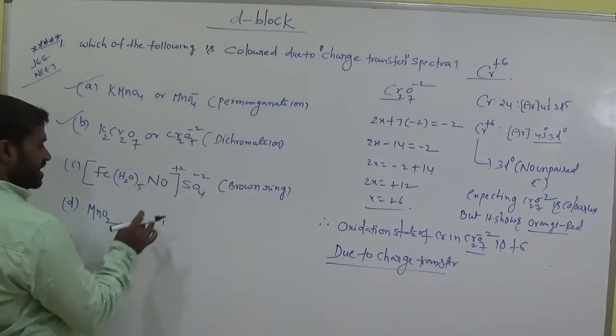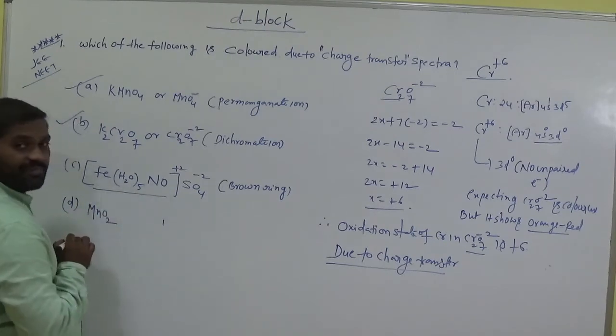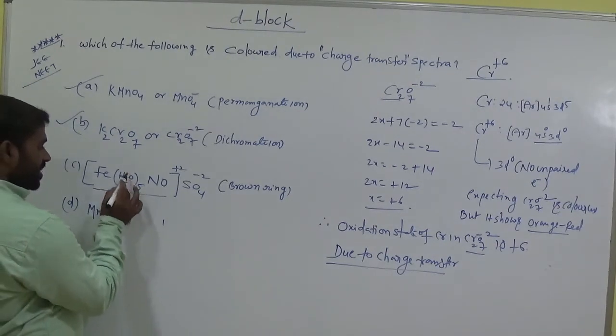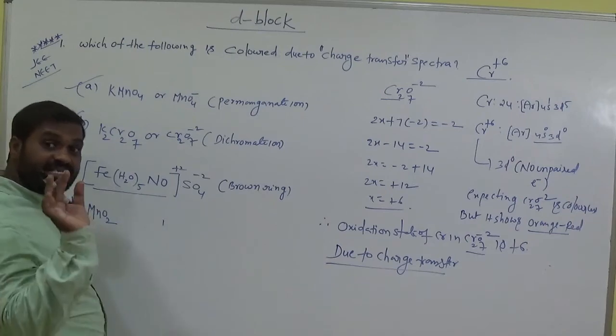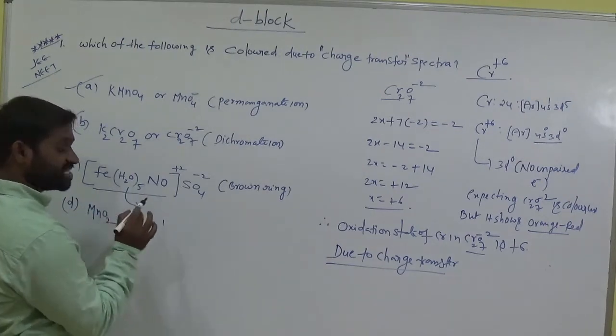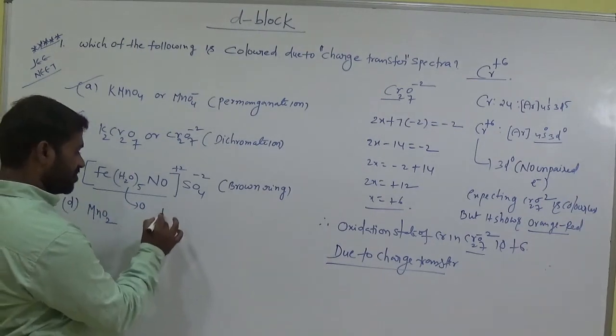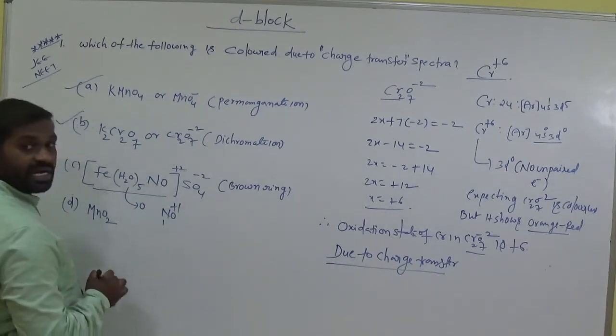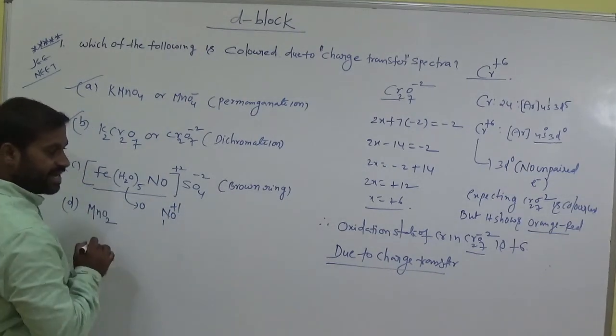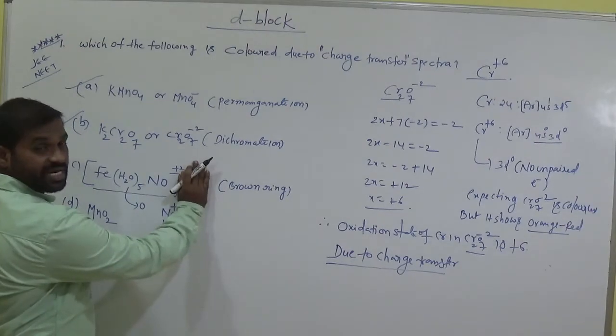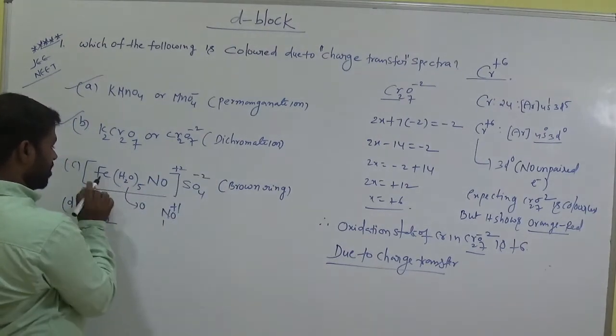So let us see here. Take this compound. For H2O, the oxidation state is taken as 0. For NO, it is +1. Now I would like to calculate the oxidation state of iron. Remove this one, don't consider it. Take up to this one. How many iron atoms here?